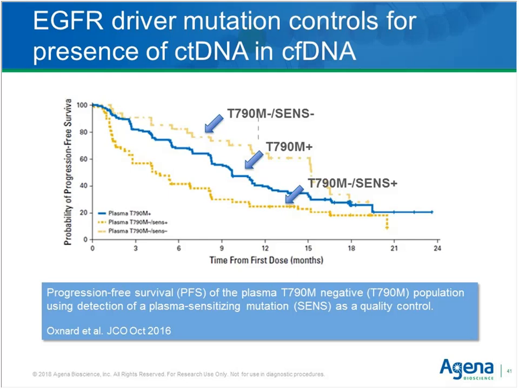Then you see two yellow lines where the lower one represents the cases where T790M was not detectable, but you co-detect a number of sensitizing mutations, so activating mutations in the EGFR gene.